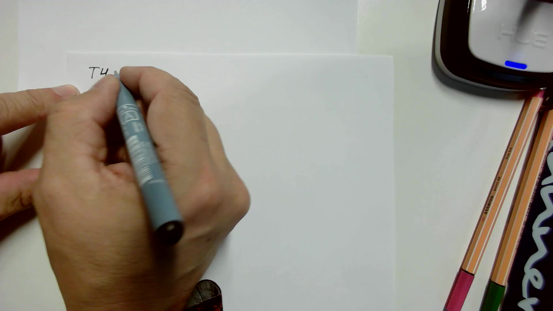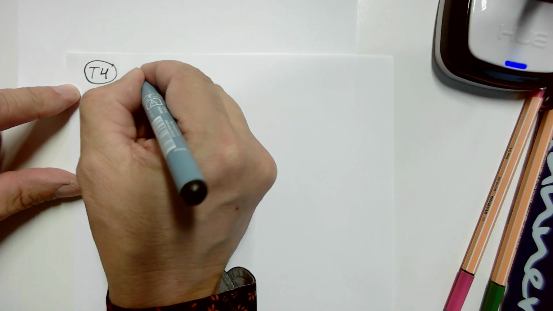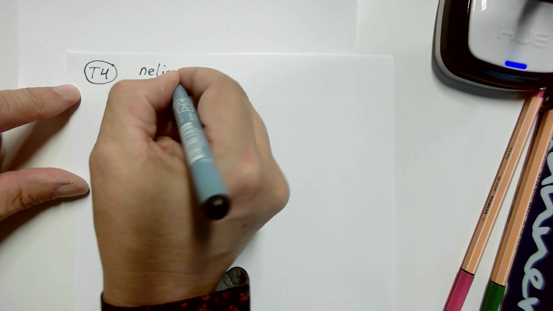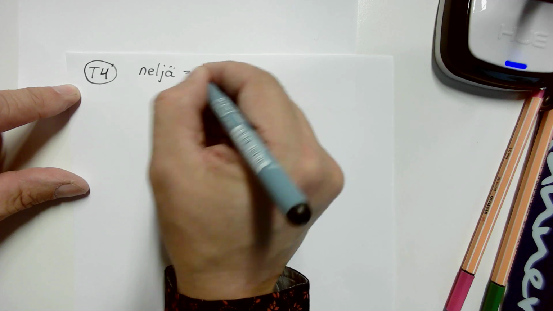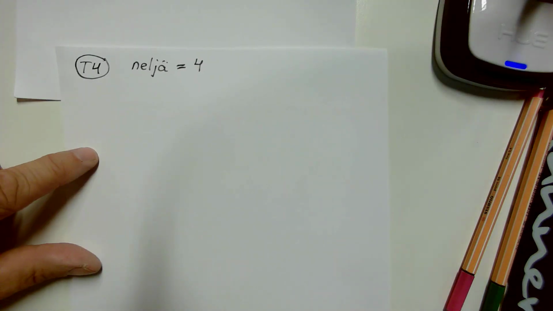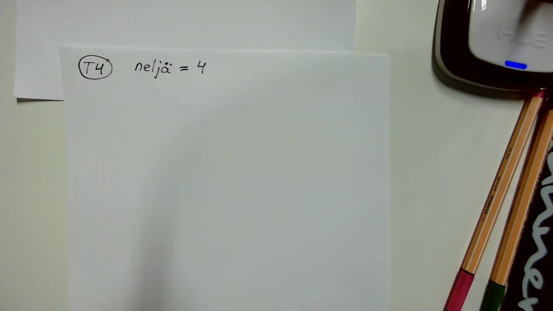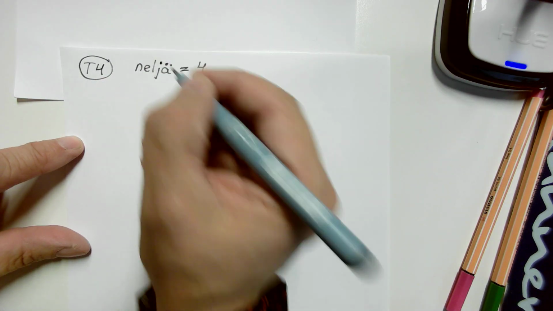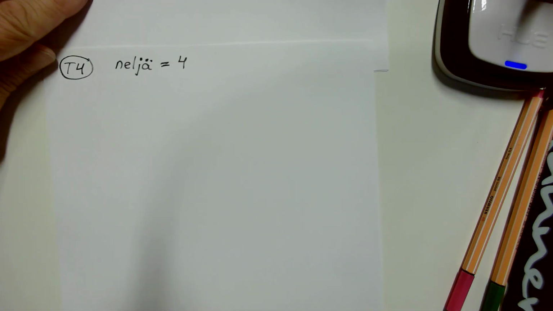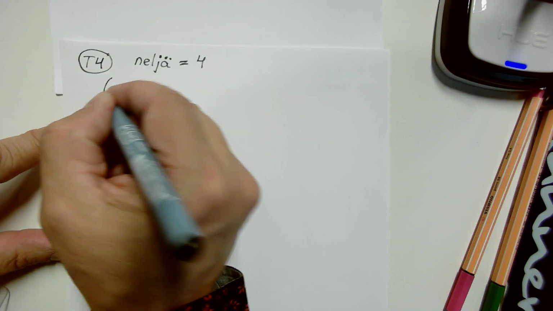Tehtävä 4. This is 4. Let's repeat. 4. And it was like this.